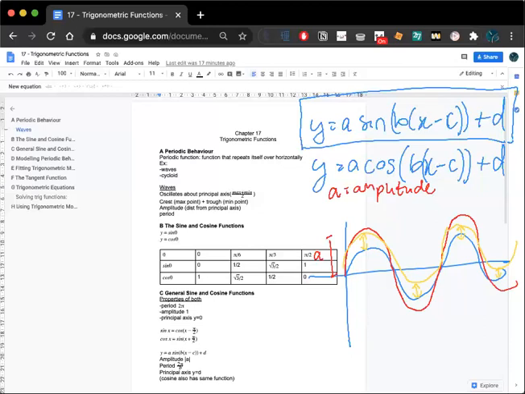And then for b, let's just do b first. For bx, that would be the horizontal stretch. And it would either squeeze the graph or expand the graph, so it becomes wider.